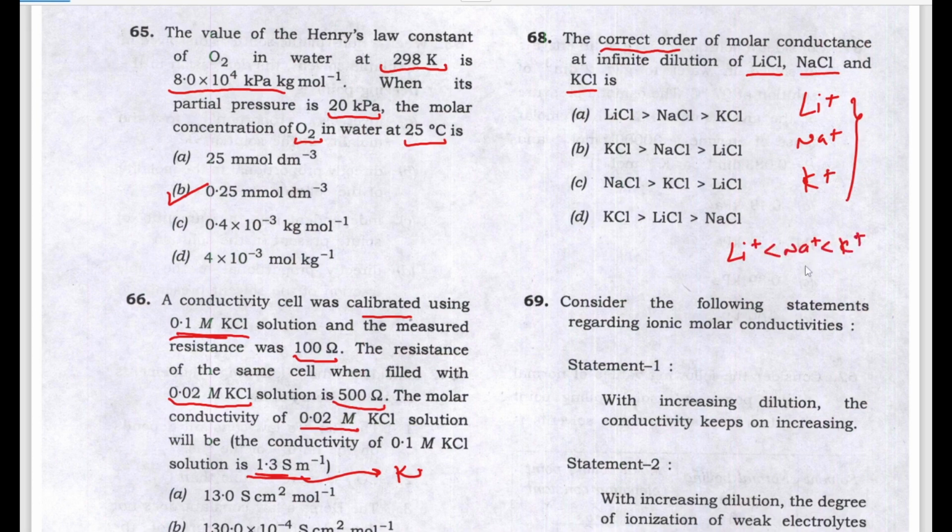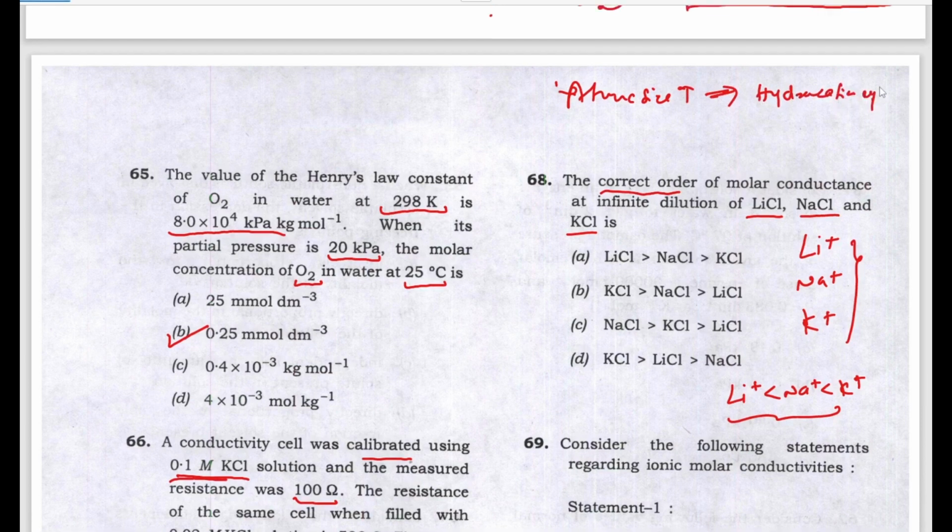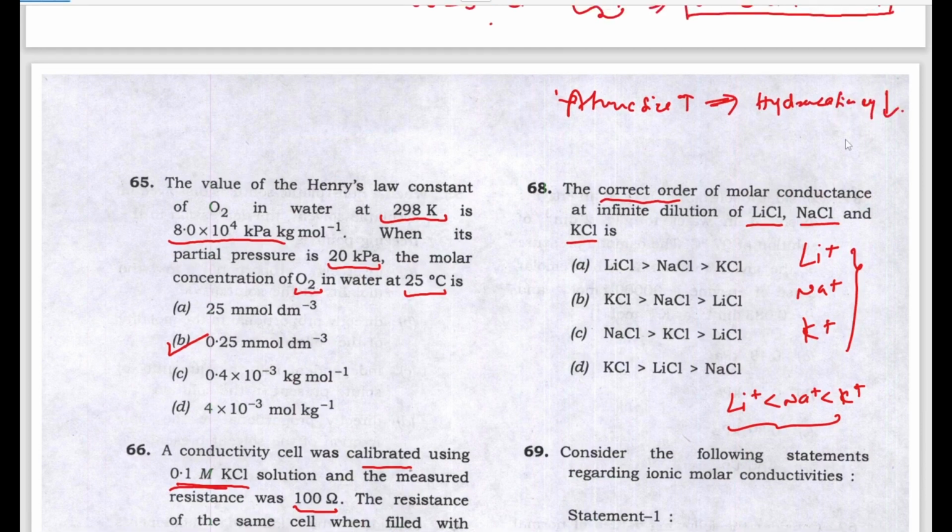As the atomic size increases, hydration energy decreases. And hydration makes the cation heavier, so mobility will decrease. So with increase in hydration, mobility of the cation will decrease.